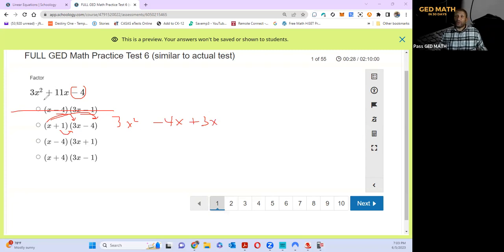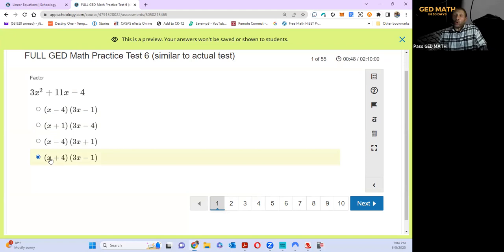My middle term needs to be 11x. It's not that. I got a -12x. It's not that. I already know my answer. Bam, I'm done. So I'm going to go ahead and pick my answer. I know how to do that problem.